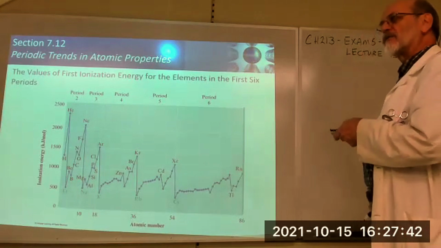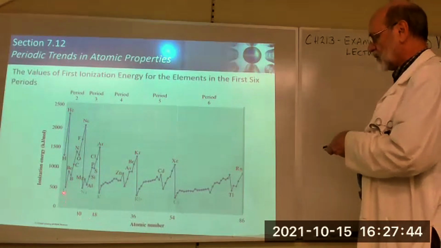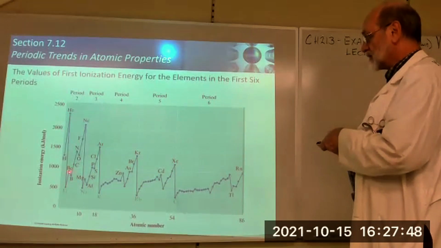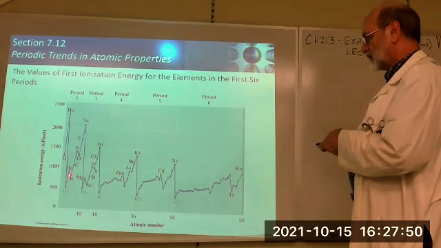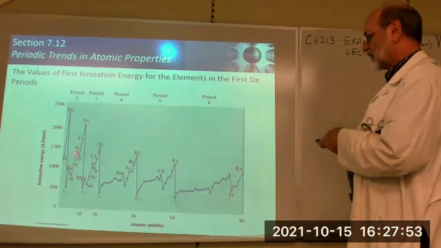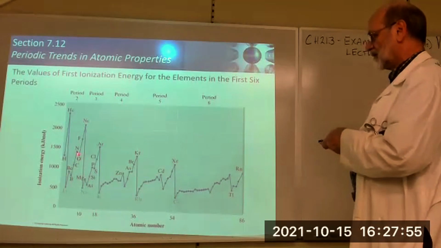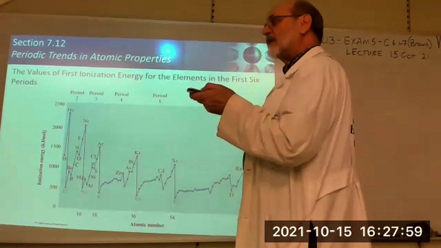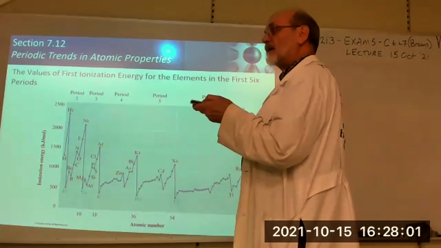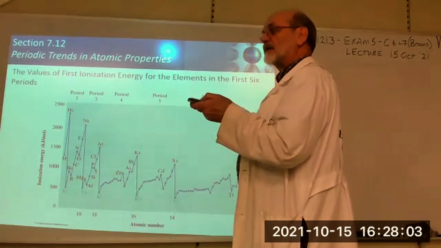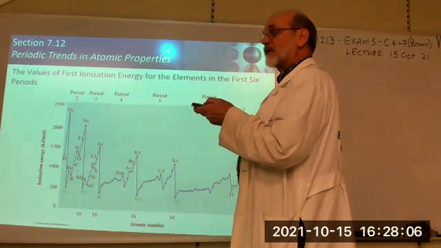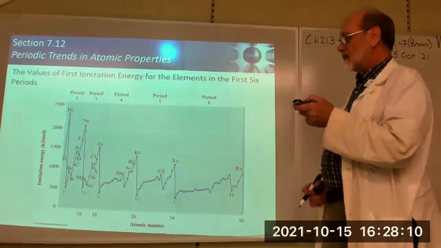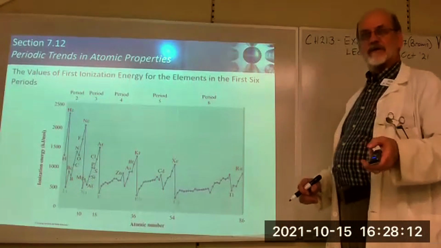So if we're moving from left to right, let's say lithium, beryllium, and then the first ionization drops down for boron, and then it goes back up to nitrogen and it drops down again for oxygen. So when you're going from beryllium to boron, where is your electron located? Well, here it's in the s orbital, and here it's in the p orbital. So in the p orbital, it's got no neighbors.